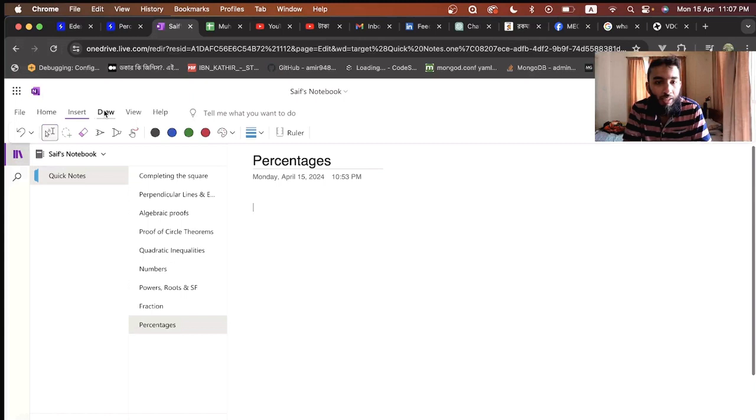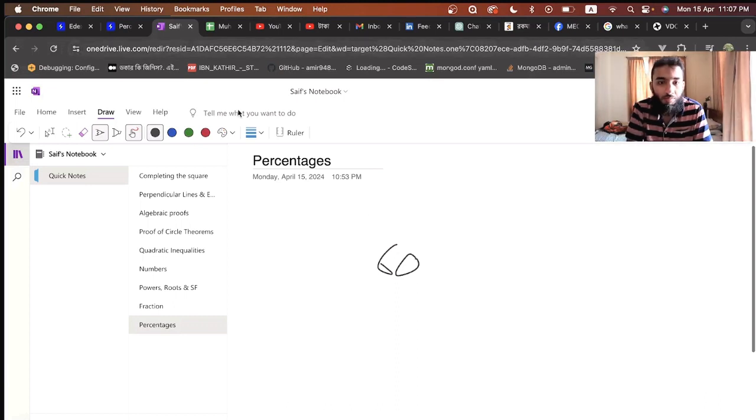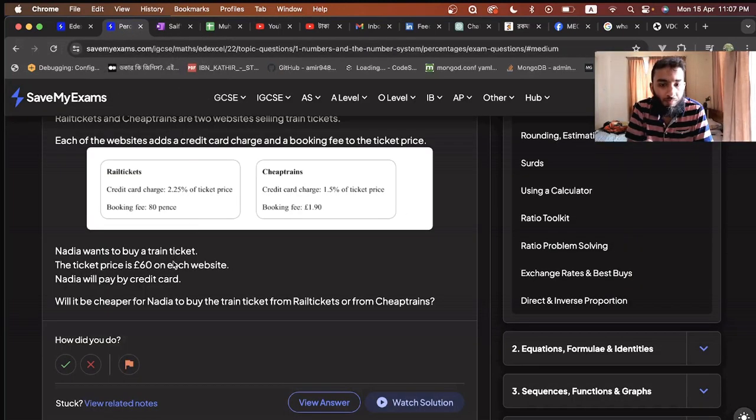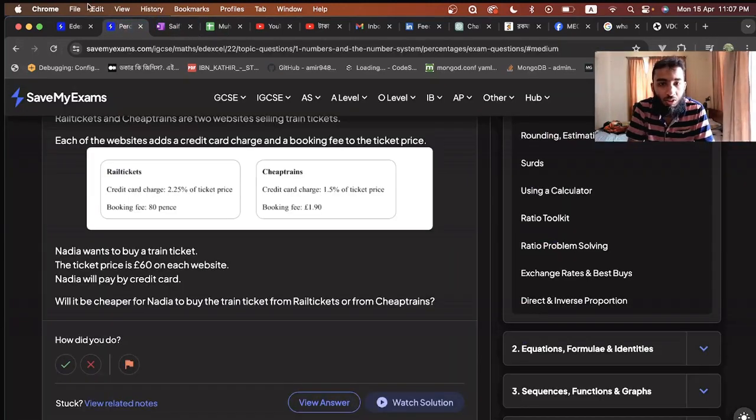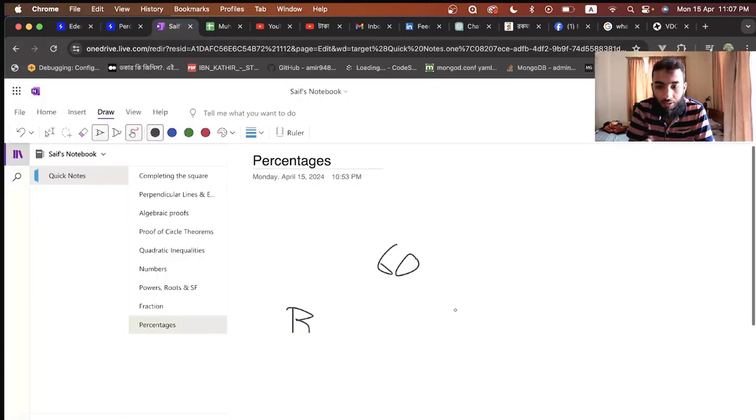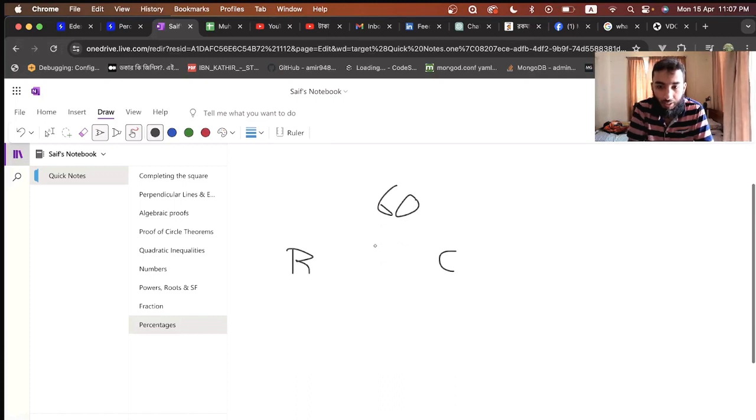If I use my pen tool, the base price is 60 pounds. As you can see, Nadia will pay by credit card, so you have to look at the credit card charge, which is 2.25% for Rail Tickets. Let's denote Rail Tickets by R and Cheap Trains by C, and calculate side by side.